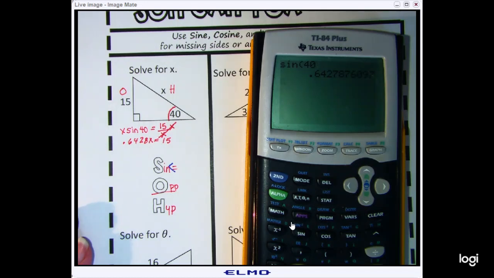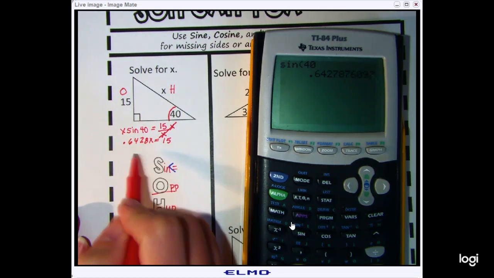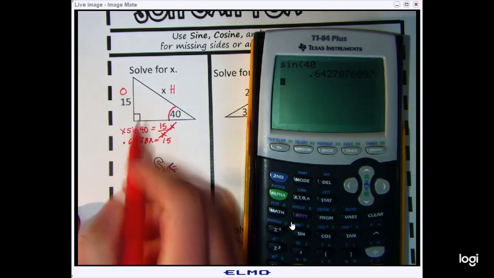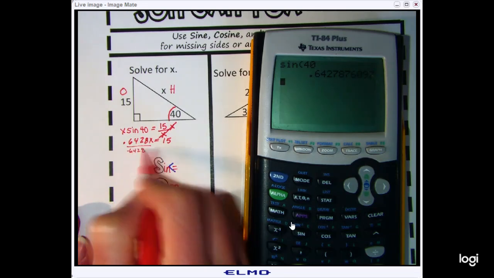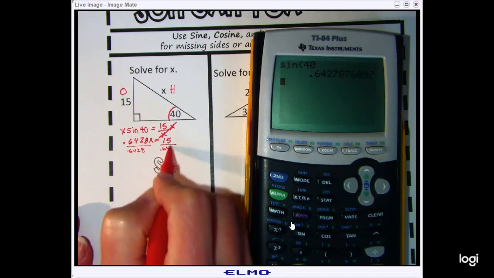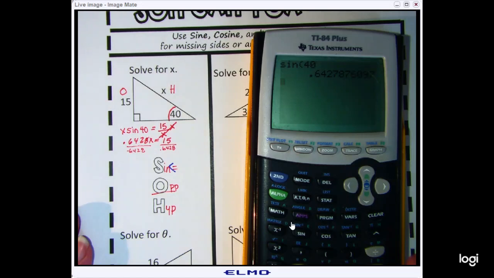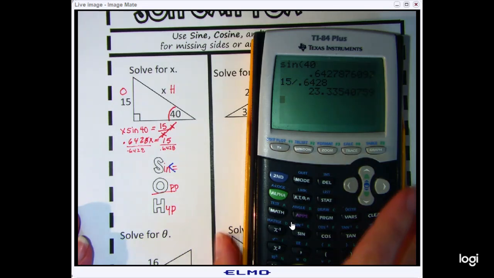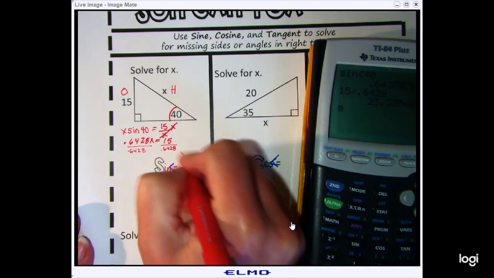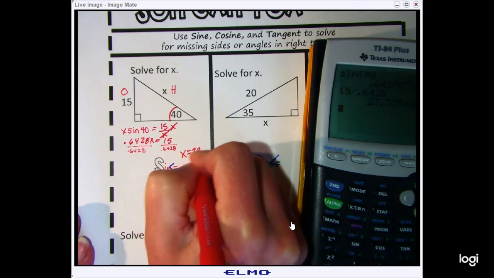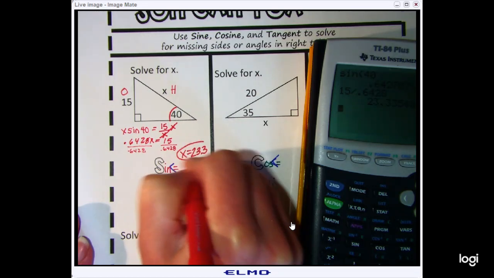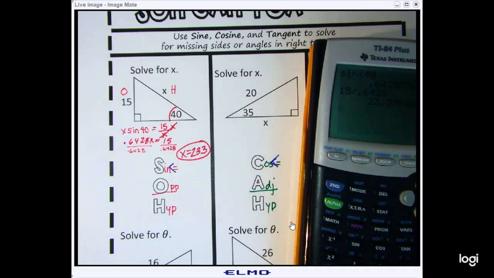What do I need to do to get the x alone? Divide both sides by 0.6428. So let's see, 15 divided by 0.6428, and we get 23.3. X is 23.3. Move on to the next one.